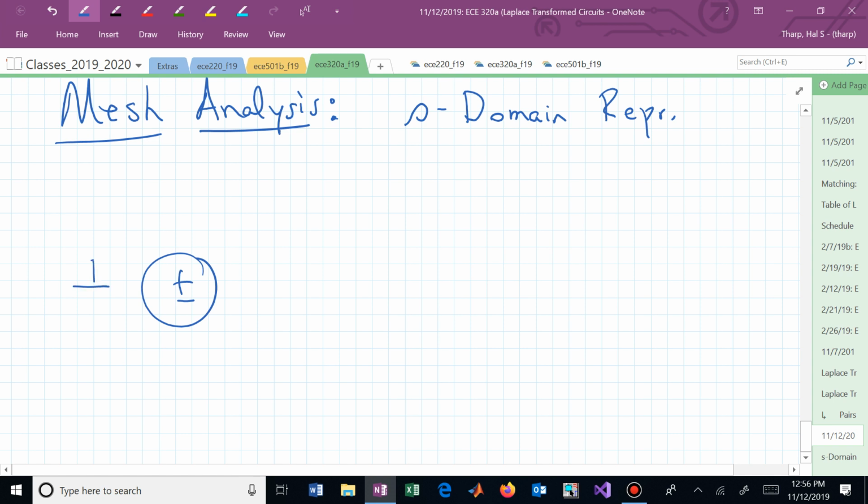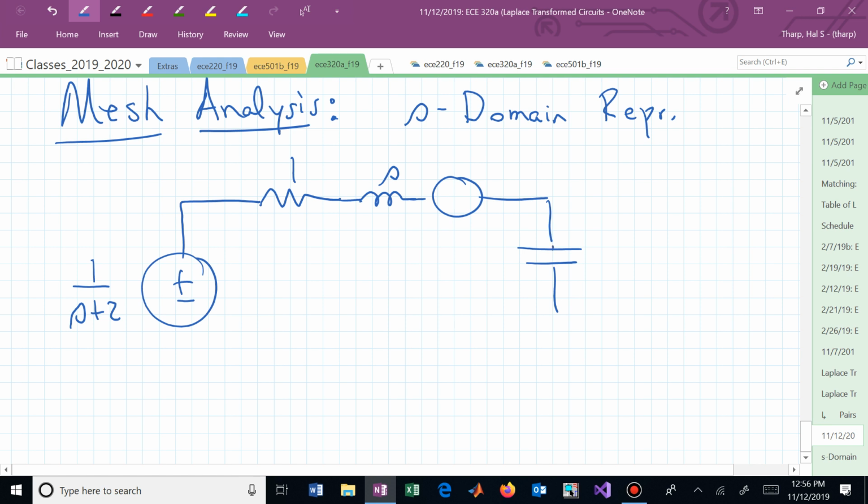If I Laplace transform that, that's 1 over s plus 2. I have my resistor, that comes in directly as a 1. I had my impedance of the inductor, which was sL, and I said I was numerically challenged. L was 1. This is now s. I then have the impedance of the capacitor and its initial condition.